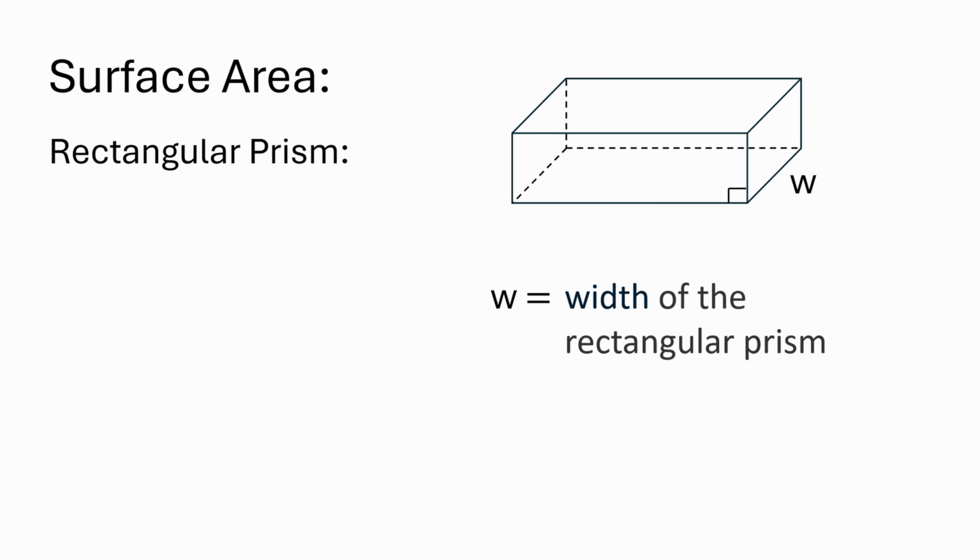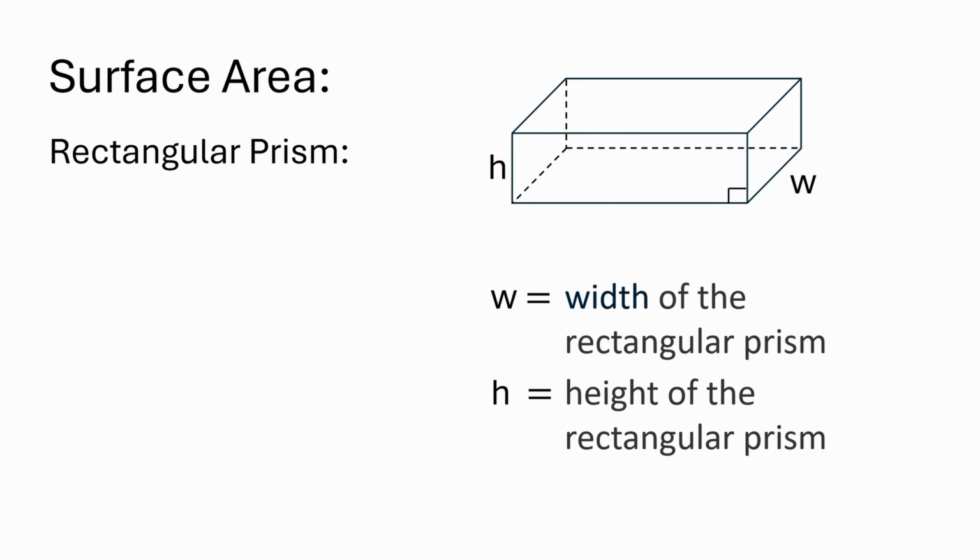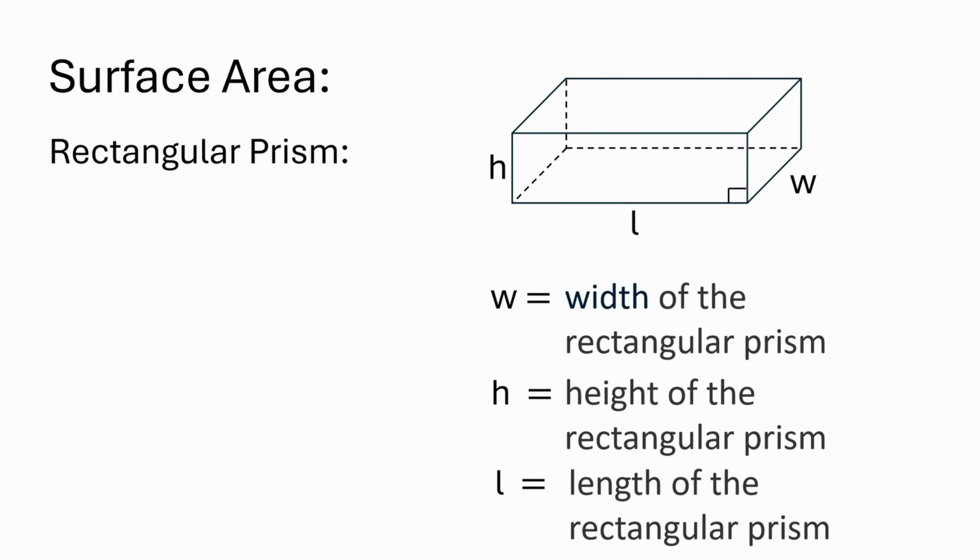Surface area of rectangular prism. This is a rectangular prism. It has right angles at every edge. Let w be its width, h its height, and l its length.